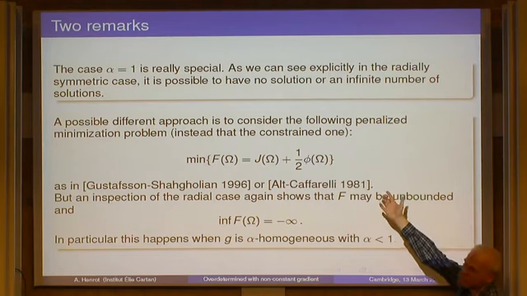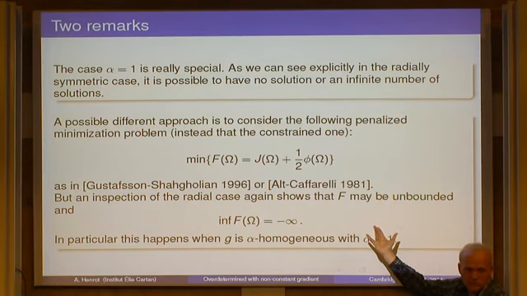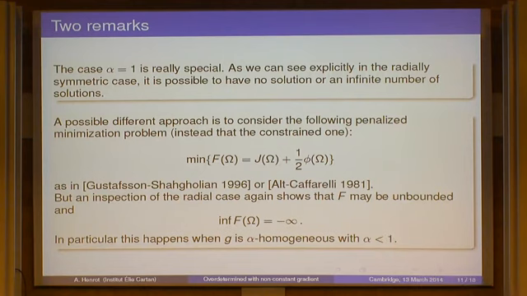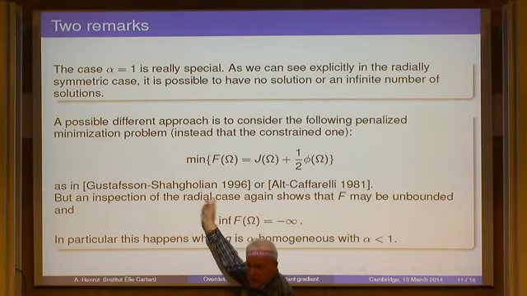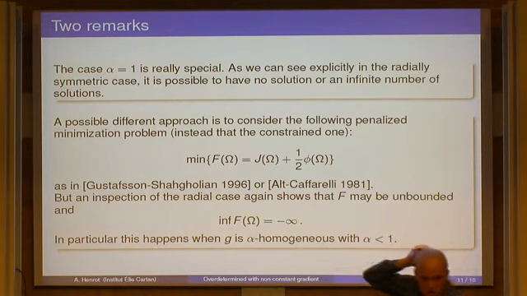Obviously, any critical point of F would give a solution of my problem. But it's not clear how to get a critical point which is not a minimizer. In that case, it's not clear to have a Palais-Smale framework in that context. So this is the reason why I cannot follow the approach by Caffarelli or Gustafsson-Shahgholian.